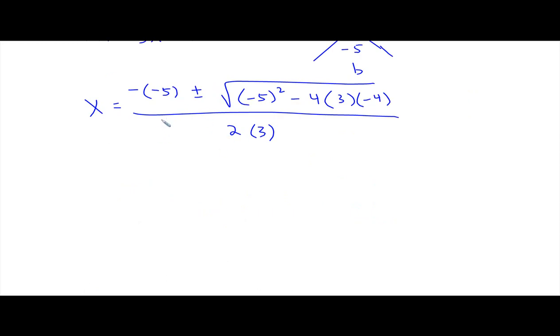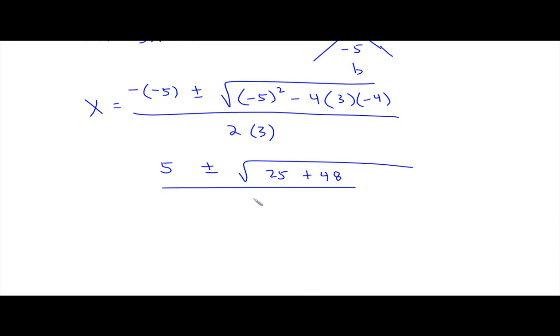So then we have positive 5 plus or minus the square root. This will give us 25. When you multiply all this right here, that'll give you a positive 48, divided by 6, so 5 plus or minus.